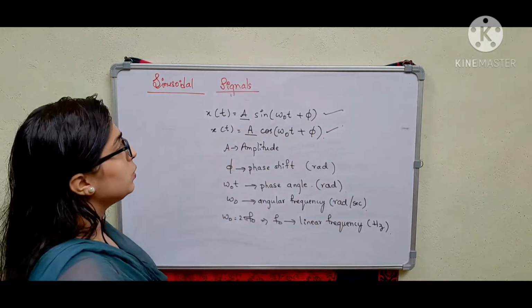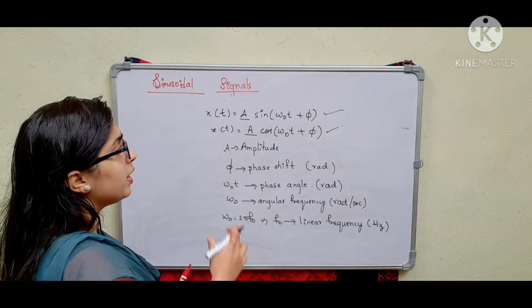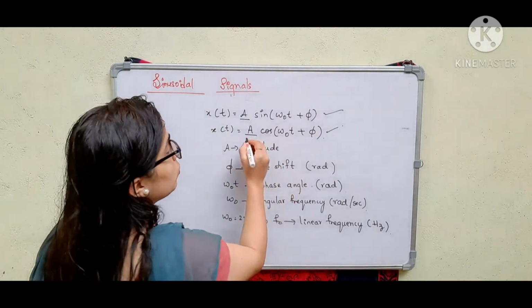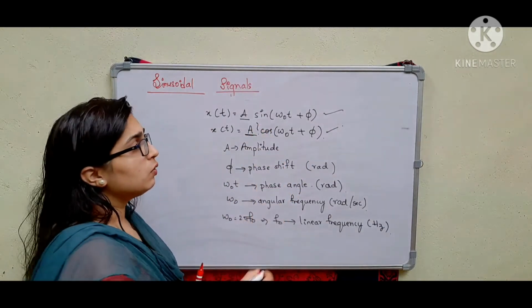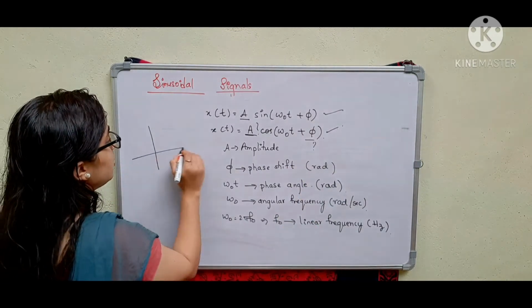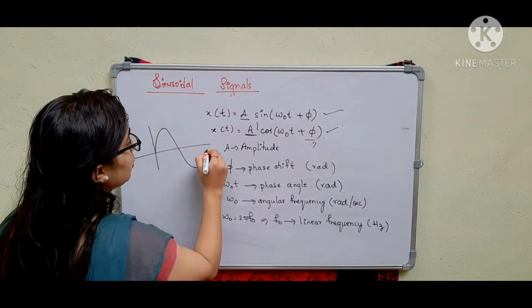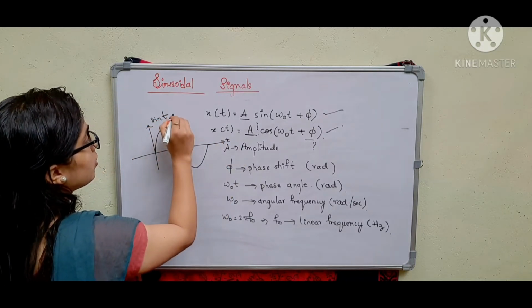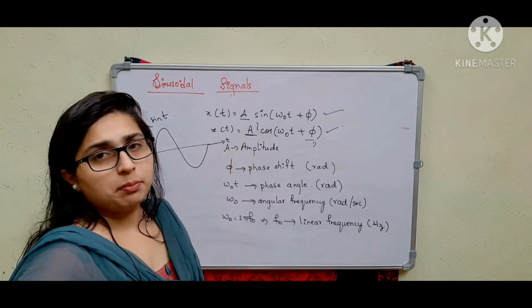x of t is equal to A sine omega naught t plus phi, or x of t is equal to A cos omega naught t plus phi. So what is this amplitude actually, and what is this phase shift? If I consider a sine signal, you know the sine signal, it will be represented like this. What is the amplitude?